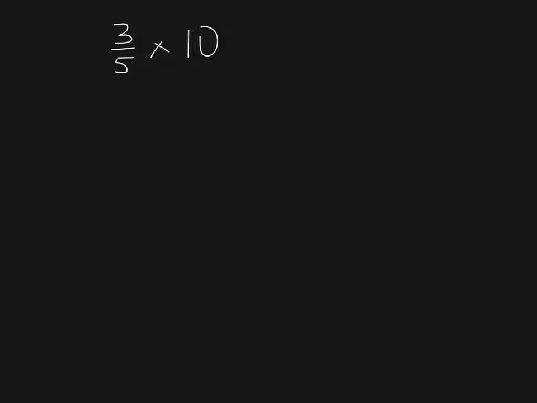Let's try again with 3/5 times 10. So I know that I have 10 copies of 3/5. I could write it as 3 plus 3 plus 3 plus 3 plus 3 plus 3 plus 3 plus 3 plus 3 plus 3 over 5. But I could also just write it as 3 times 10, or 10 copies of that numerator over 5. 3/5 added to itself 10 times.